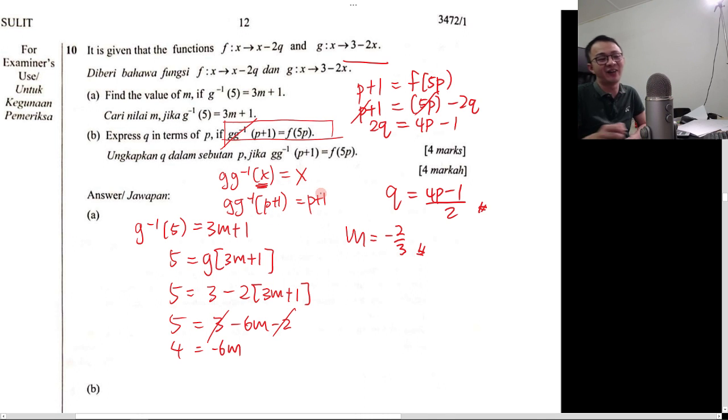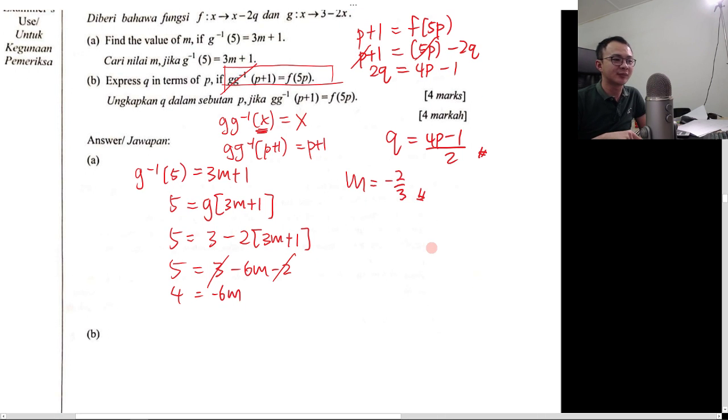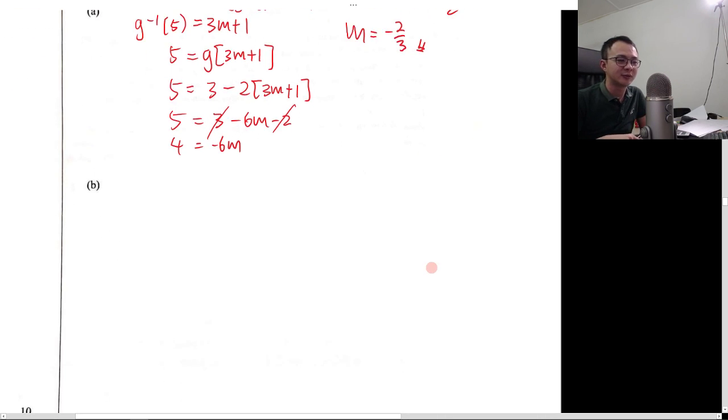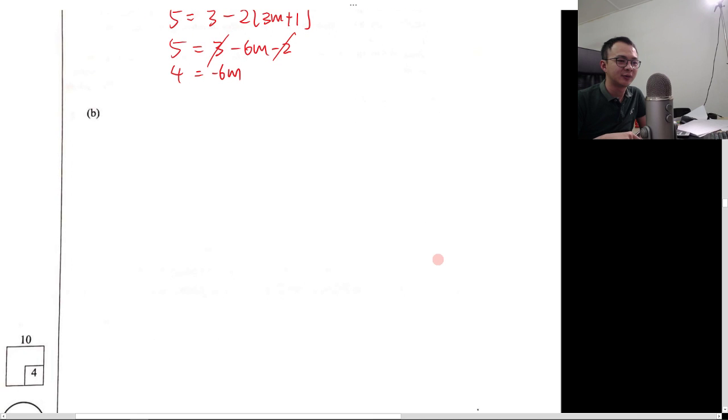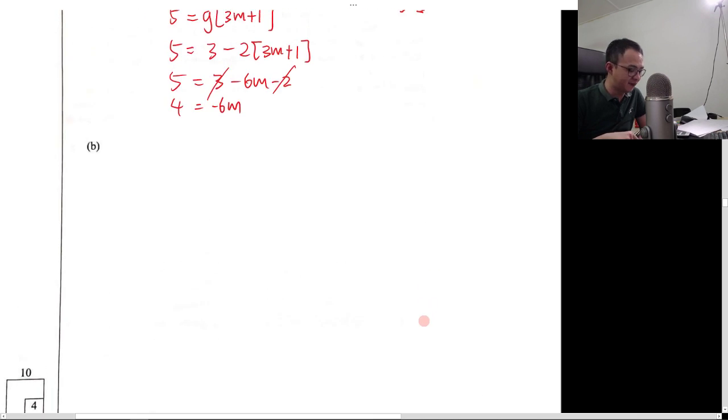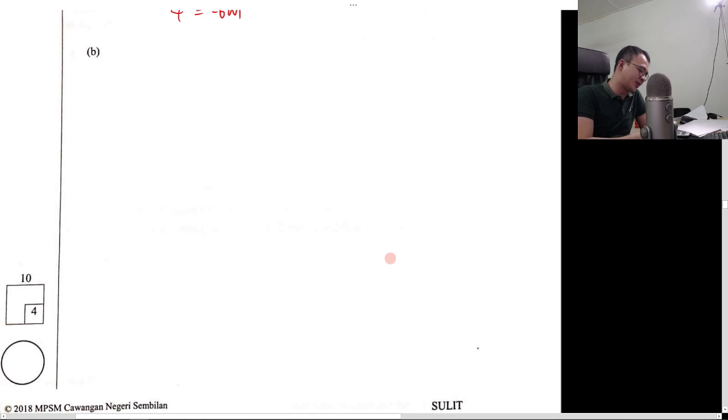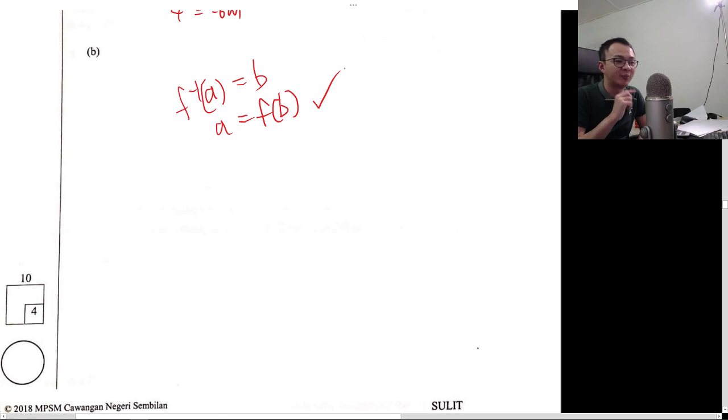You just leave whatever is in the bracket. Inverse you can straight away move to the opposite. If f inverse of a equals b, then a equals f(b). This is always correct. You can move it to the other side.